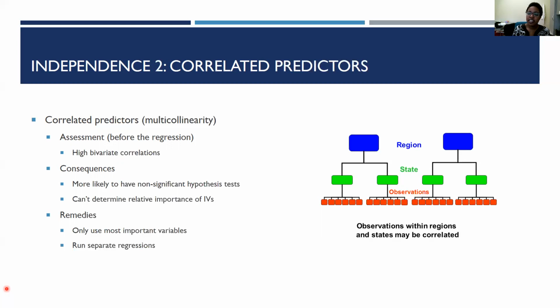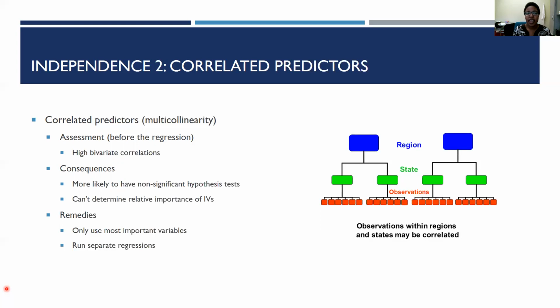So if you're doing an analysis where you're looking at gender and homework, how much time you spend on homework, on your math grade, but in this particular sample, almost all of the boys have a poor math grade, then that boy variable is going to take over so much of the variance, and you're not going to be able to see how much homework time is really playing a role. Right? So how do you fix this? Well, you might want to use only the most important variables.